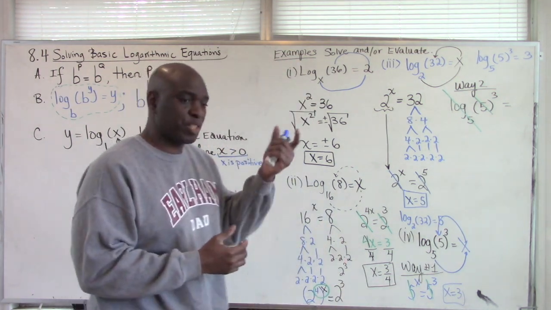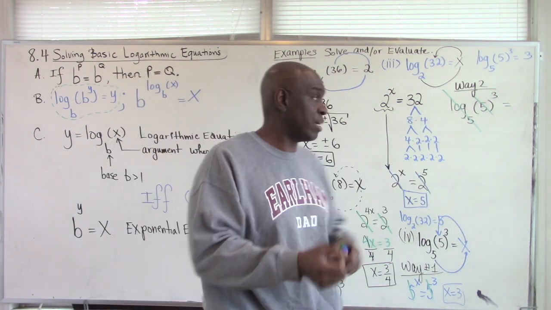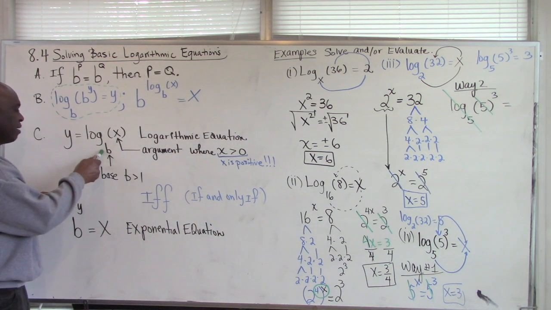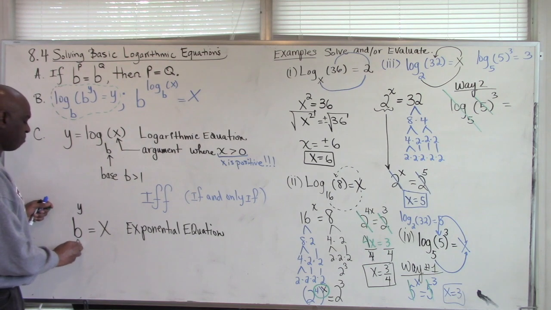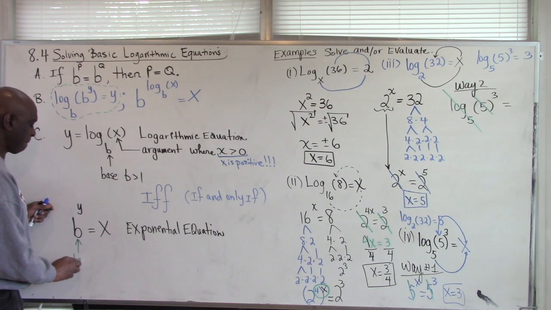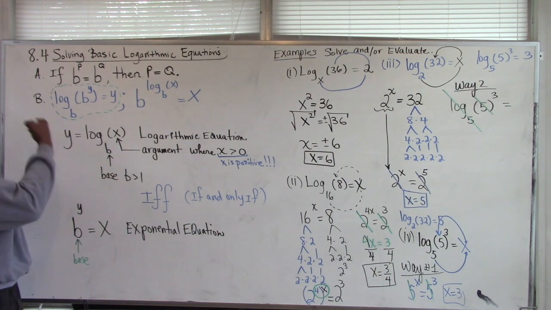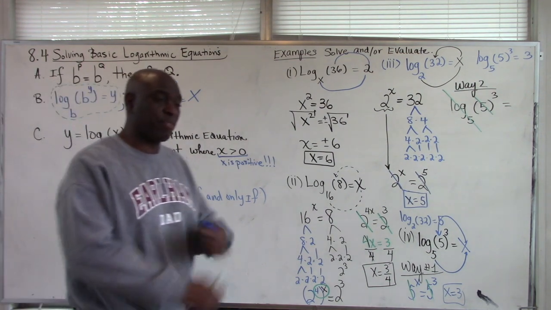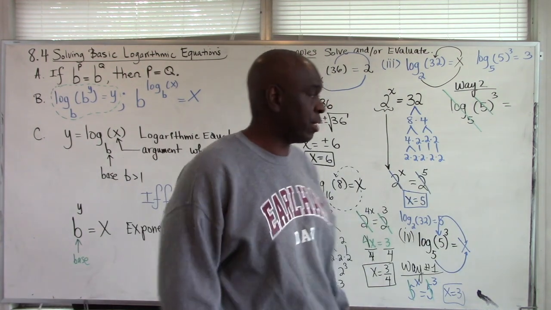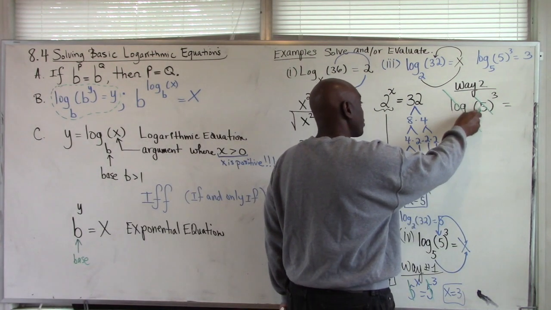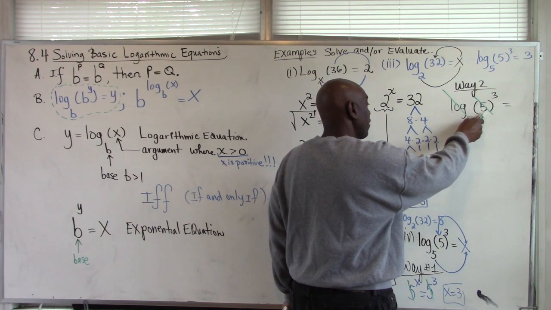Because log and exponential, they're like inverse operations, right? In other words, the base right here is also the same base right here. And since these two operations are inverse, they offset. The inverse of those two offset one another. So log base 5 cancels the exponential base, which is also 5.